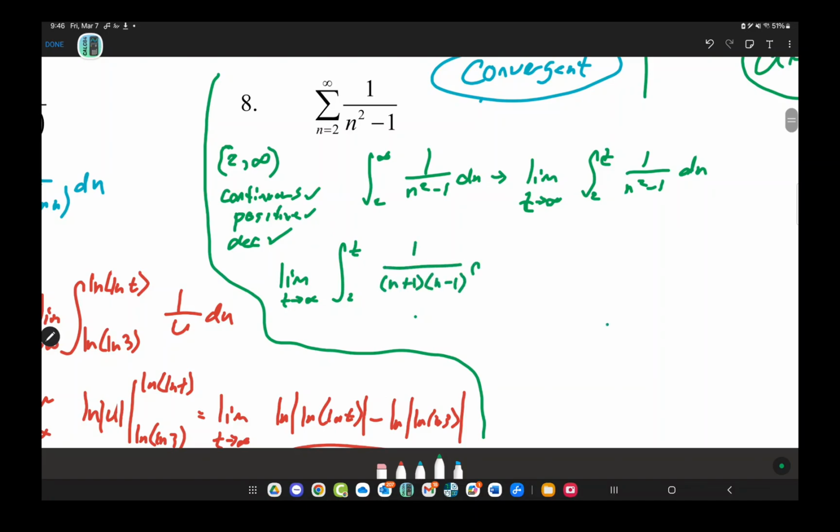Now, partial fractions. Would it not work the other way? No, it wouldn't, because we'd have to do substitution, and to do your substitution we would need a 2n, and we don't have 2n.